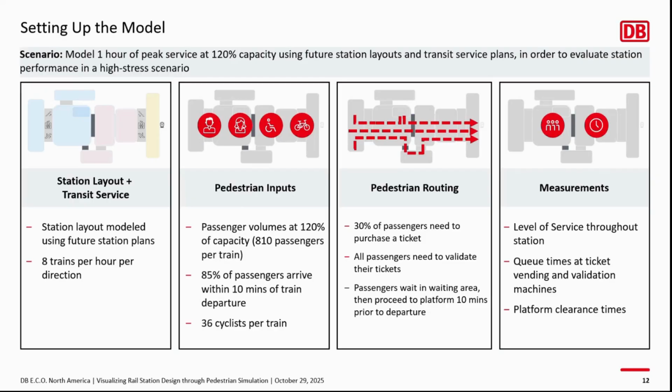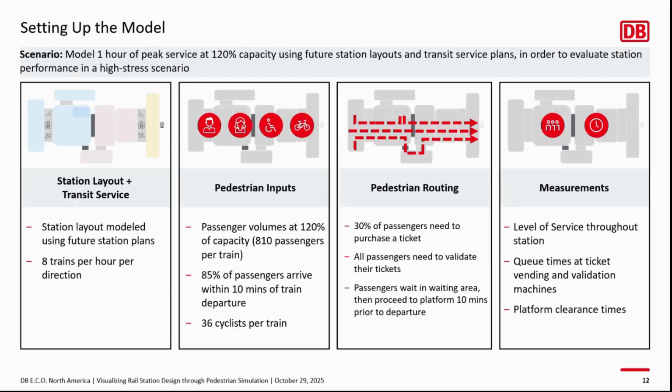For the station layout and transit service, the station layout was based on the future station designs. For the transit service, we used our planned service plan, which involved 8 trains per hour per direction. This is a terminus station, so travel is only in one direction from the station.